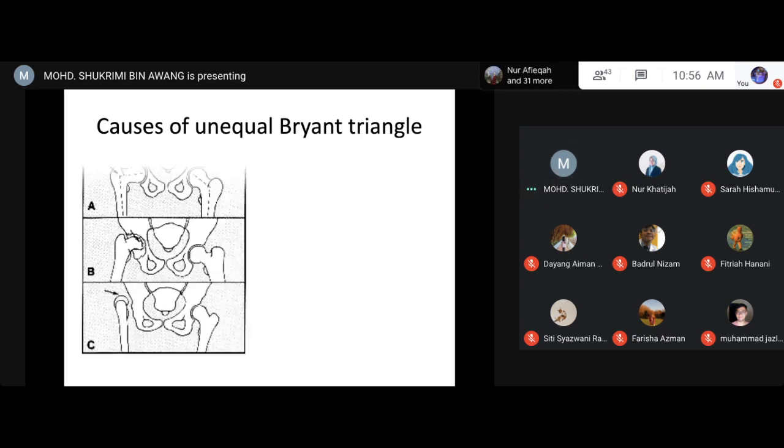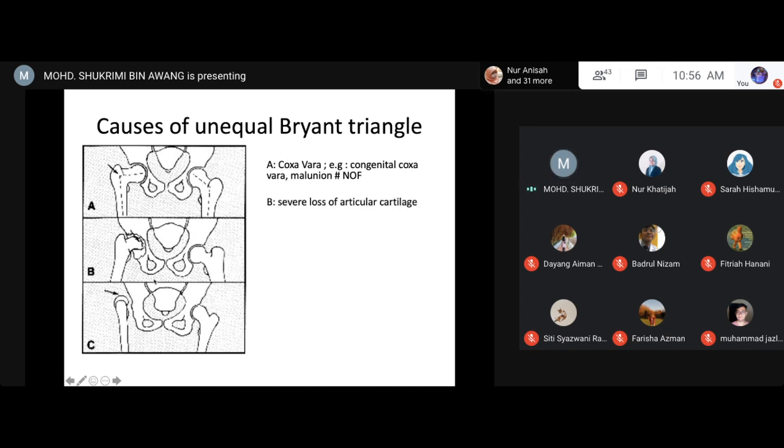All right, so coxa vara, okay. You can have severe loss of articular surface secondary to OA, or because of secondary infection before, like septic arthritis. I showed you septic arthritis earlier, in the case of neonatal septic arthritis.